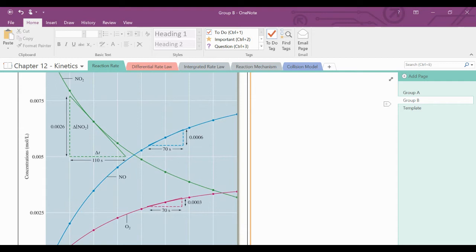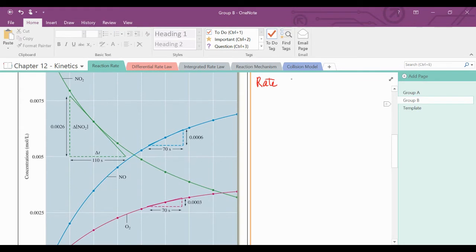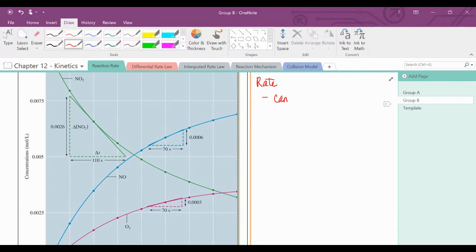All right. So remember that we talked about rate. It was talked about being a change over time. So in this case, what we're going to talk about in terms of rate is we're going to look at the change in concentration over time.